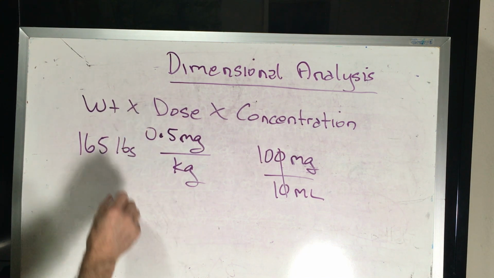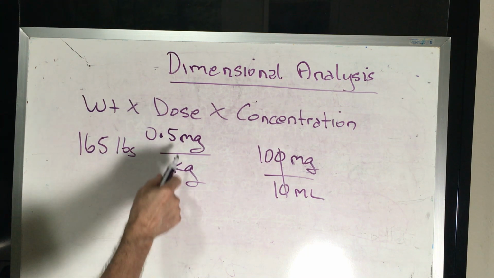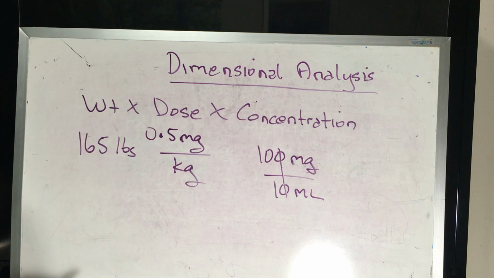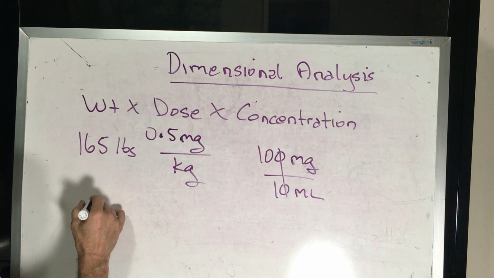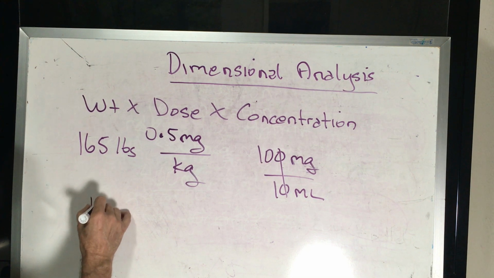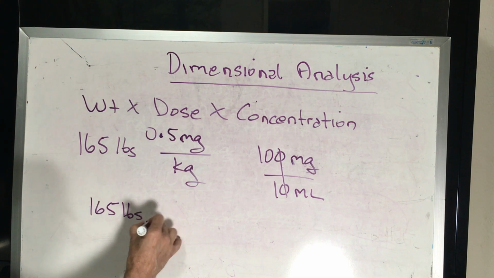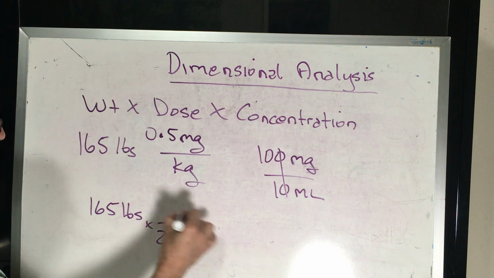Now, here's the problem that we have. On this one, we need to figure out what the weight is in kilograms, because that's what the dosage is asking for. We're giving the patient's weight in pounds. We need to convert that to kilograms. So that is probably going to be about 75, 80 pounds. Let's see. It's 165 pounds, and there are 2.2 pounds per kilogram.